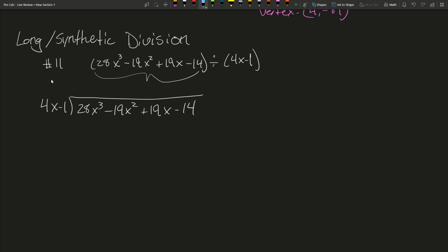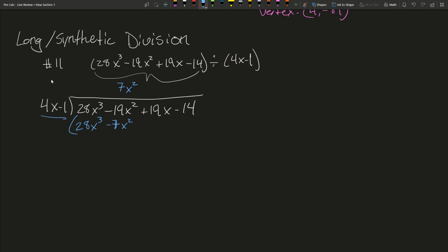So you should be asking yourselves, how many times does 4x go into 28x cubed? And the answer to that would be 7x squared. When you multiply 7x squared by 4x minus 1, you get 28x cubed minus 7x squared.